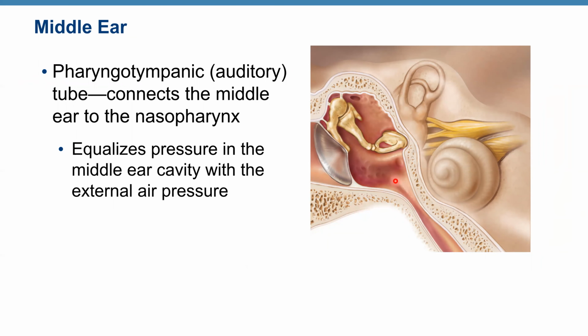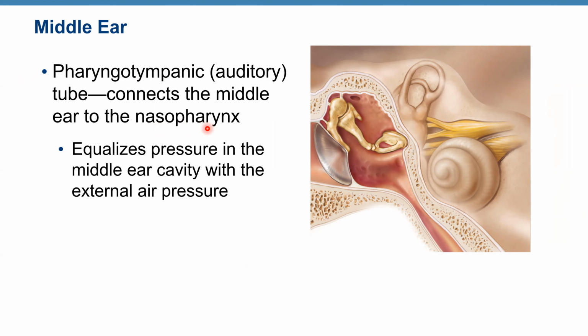Also, we have this auditory tube. It's called pharyngotympanic, or just auditory tube. So auditory tube connects the middle ear with nasopharynx, so pretty much with your throat. This is part of your throat, posterior to your nose, posterior to the nasal cavity.